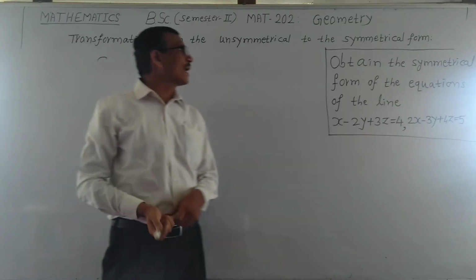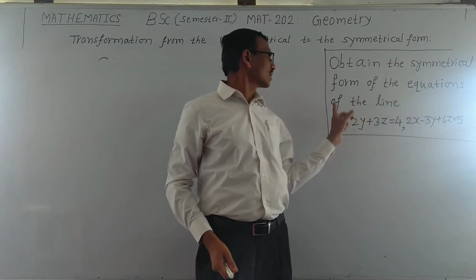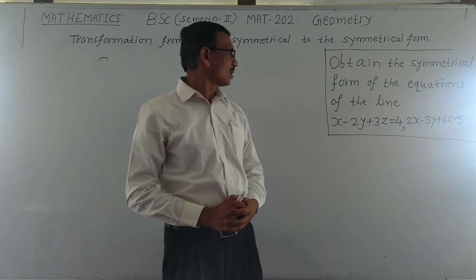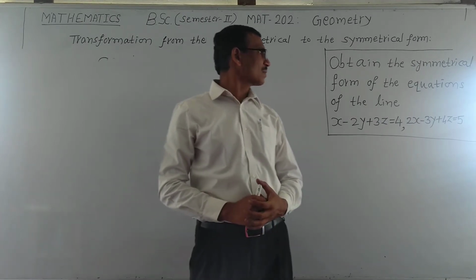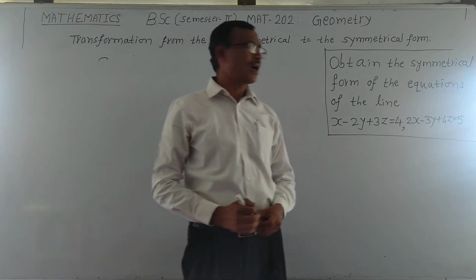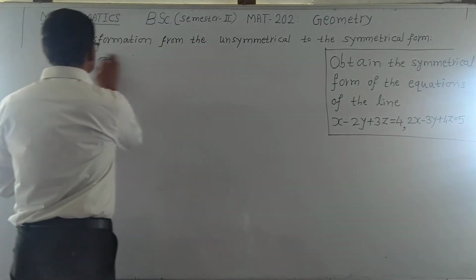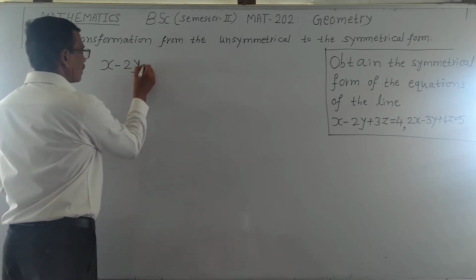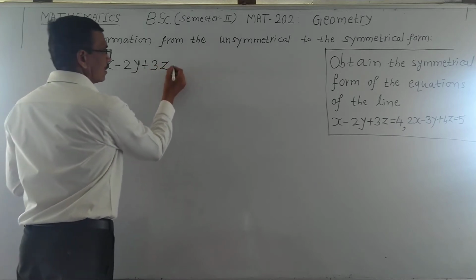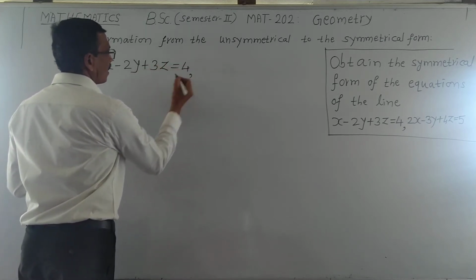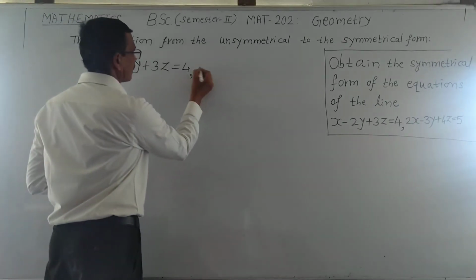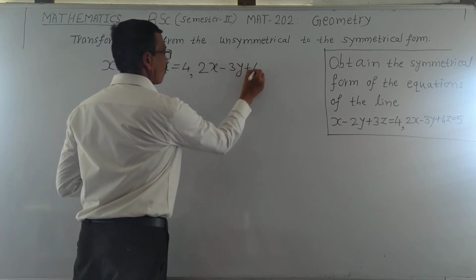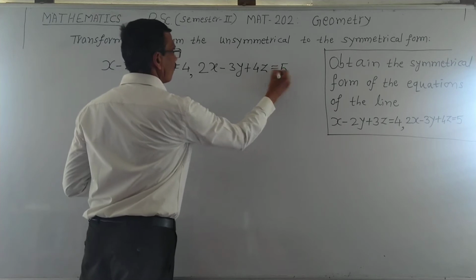I have written: obtain the symmetrical form of the equations of the line x minus 2y plus 3z equals 4 and 2x minus 3y plus 4z equals 5. That means the equation of the line is given as x minus 2y plus 3z equals 4, and the other plane, 2x minus 3y plus 4z equals 5.